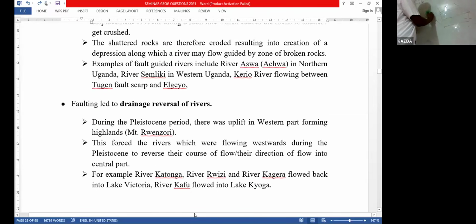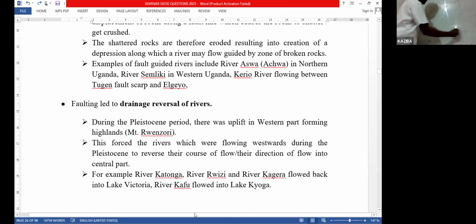Faulting leads to drainage reversal. So how did this happen? It is said that the whole of Uganda was flat.